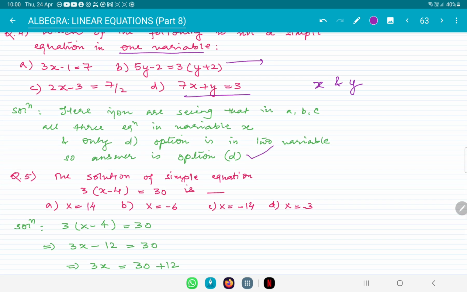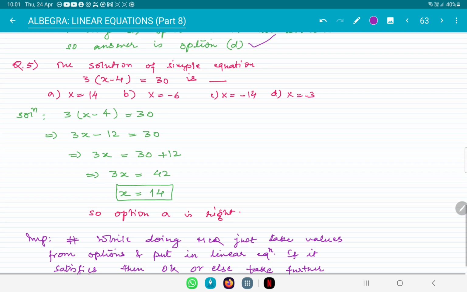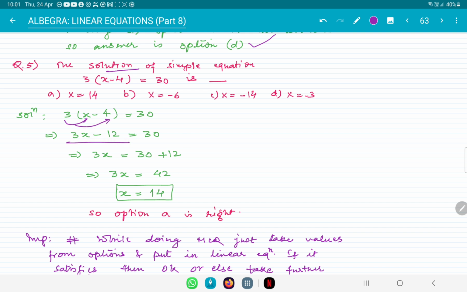Okay. Next question, the solution of the simple equation 3(x minus 4) equals 30. So again in this you have to find the value of x. So first we will use the distributive law. So 3 multiplied by x minus 12 equals 30.